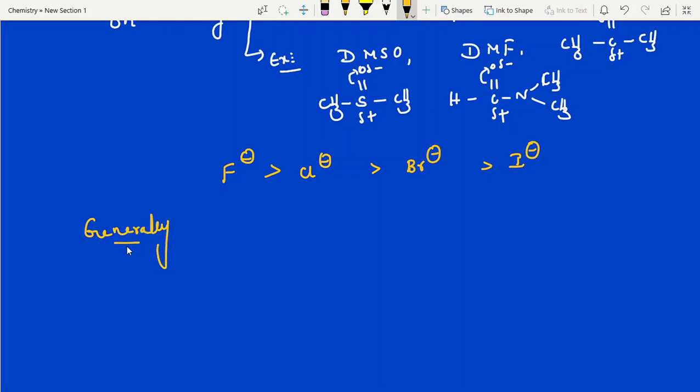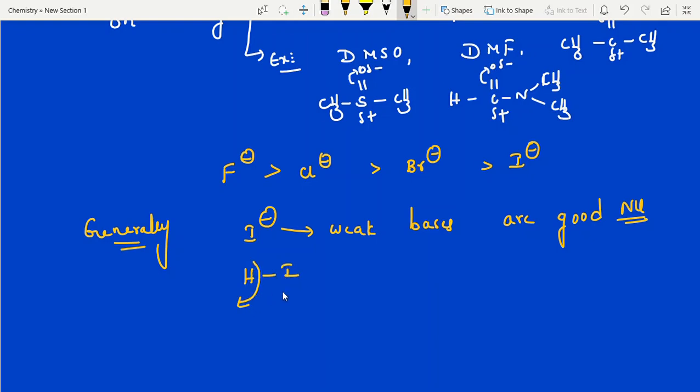Generally, I minus is a weak base. Weak bases are good nucleophiles. Why? Because it came from a strong acid, HI. When compared to HI, the next cases are HF, HCl, HBr.